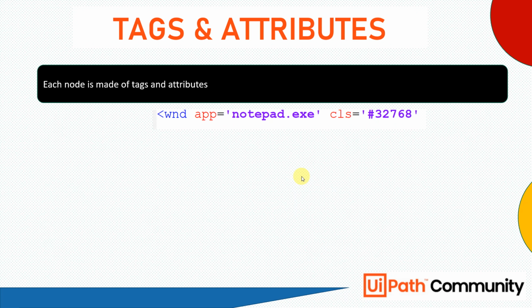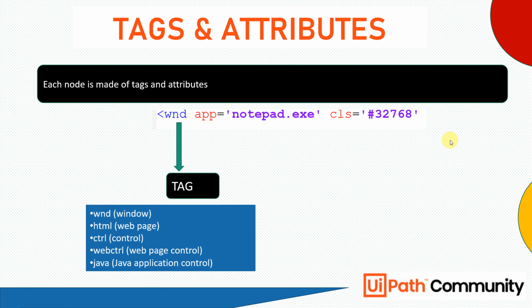Now that we understand how selectors are made, let's see what tags and attributes are. Okay, so now this is one node. In every selector there are nodes, and every node is made up of tags and attributes. So this is one node which is in front of me. Here, WND is called a tag that will let UiPath Studio know that you are dealing with a window, right?